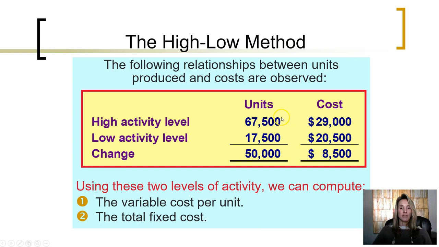We also take the number of units produced, or the level of activity, when the high data point and the low data point are incurred. And we take the change in the units produced and the change in the cost and use those two data points to calculate a new linear equation.